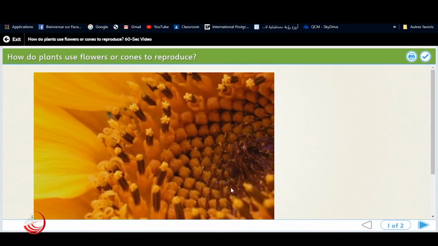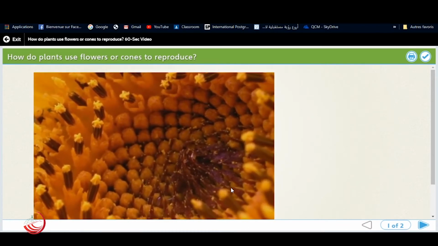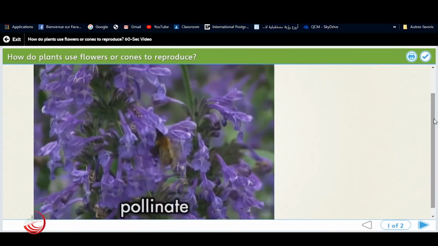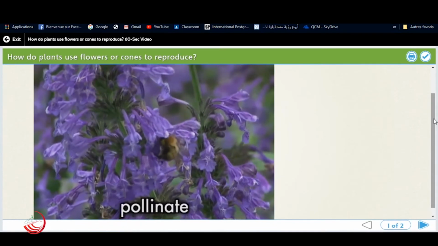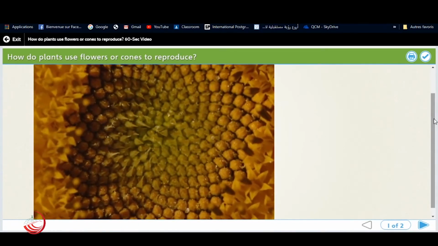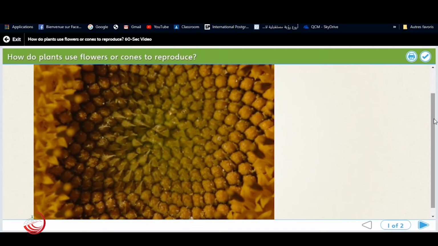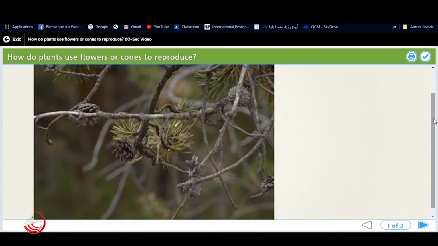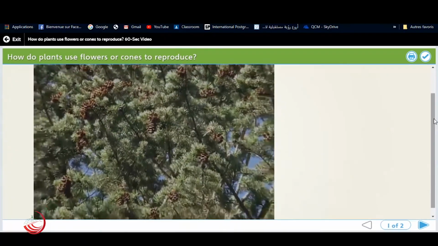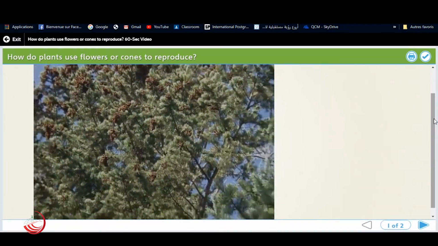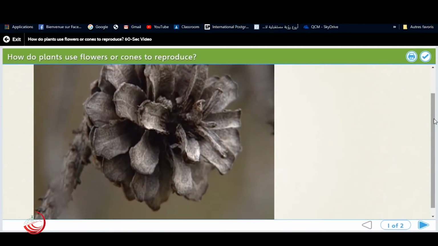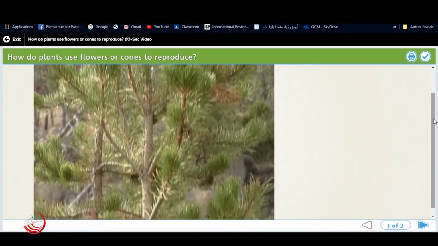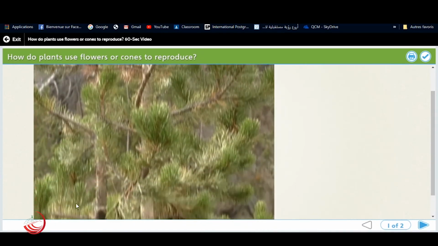Pollination happens when pollen is moved to the part of the flower that makes seeds. Animals or wind can pollinate or carry pollen to the part of the flower that makes seeds. After pollination, seeds form near the center of the flower. Conifer plants are different. They grow cones instead of flowers to make seeds. Wind blows pollen from small pollen cones to large seed cones. When pollen sticks to the large seed cones, seeds begin to grow inside. When the seeds are fully developed, they float to the ground, where each seed may grow into.